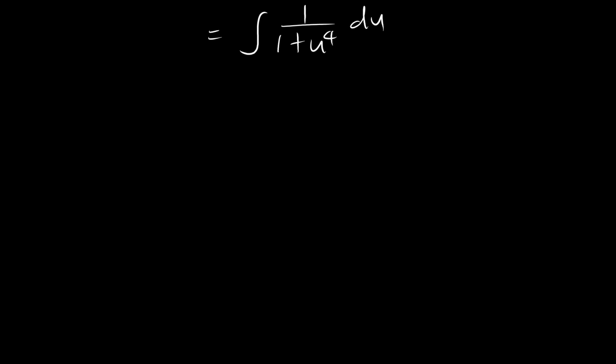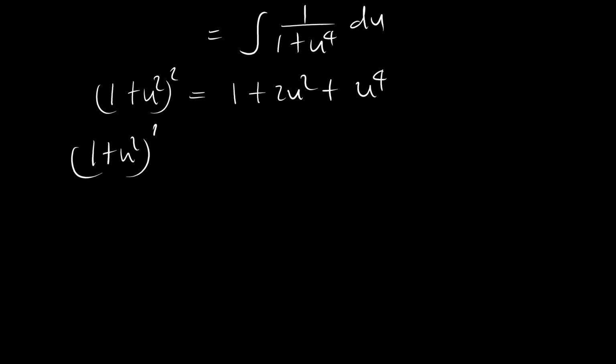This is interesting, right? Because if we have 1 plus u squared and we square that, this becomes 1 plus 2u squared plus u to the fourth. And then 1 plus u squared squared minus 2u squared is equal to 1 plus u to the fourth, right? Because I do really want to express this as a partial fraction.